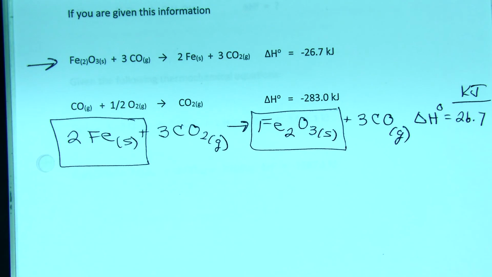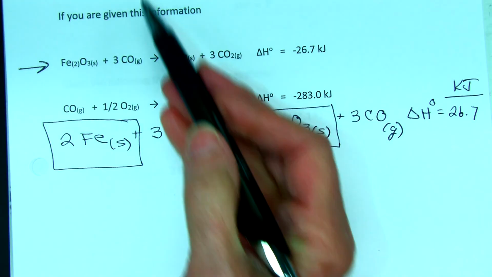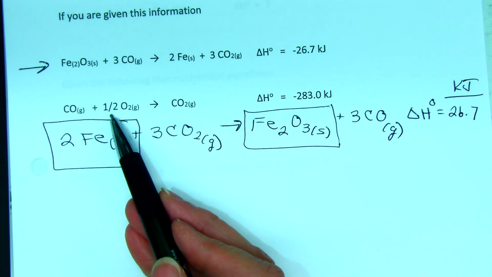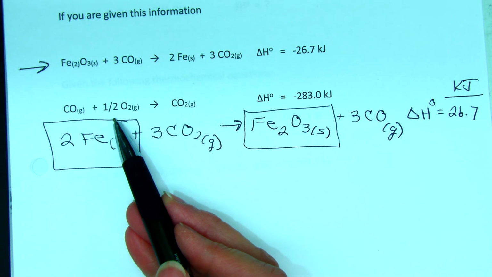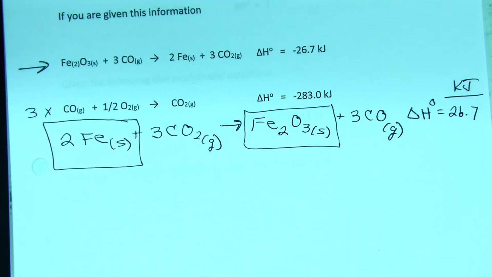So now, if I look at the other piece that I need that I don't have, I need 1.5 moles of oxygen. So if I look at this equation, it has half a mole of oxygen on the left-hand side. So I'm just going to multiply this whole thing by 3 and see if that helps me.